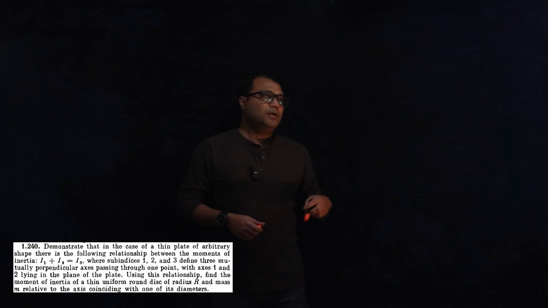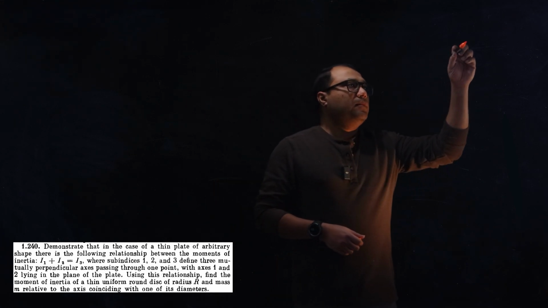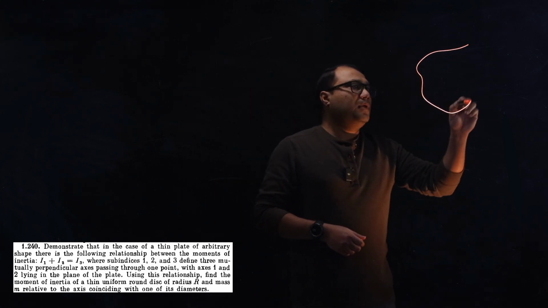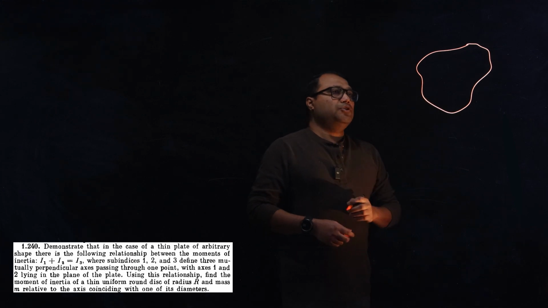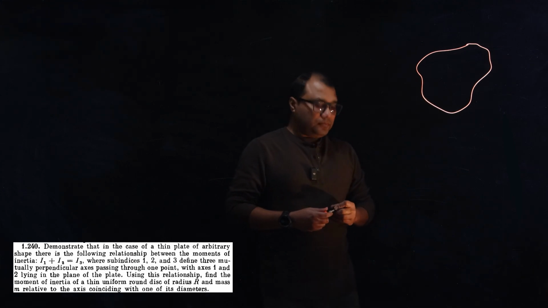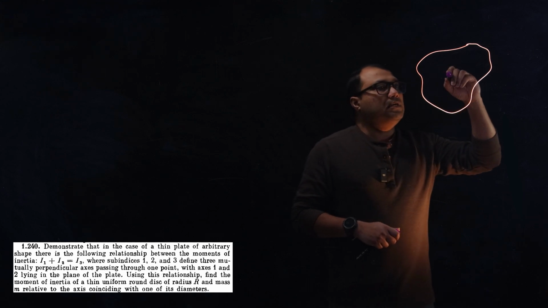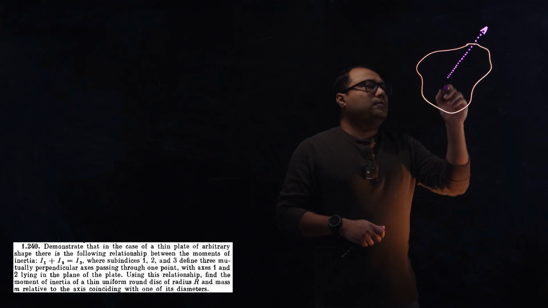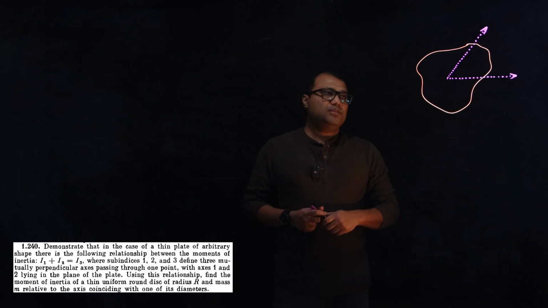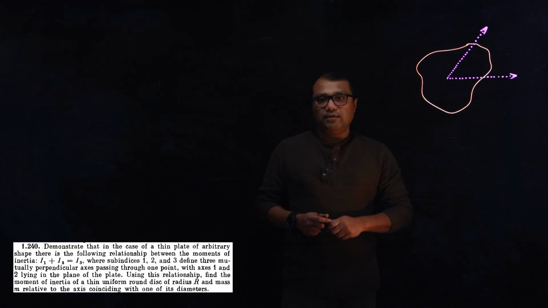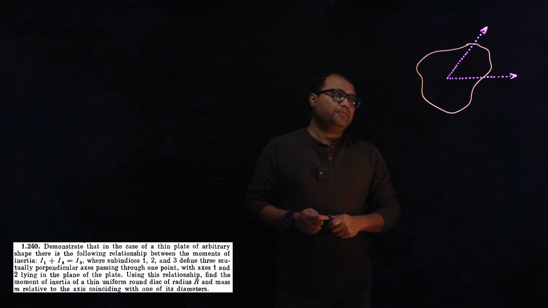So this is actually a very standard derivation. This is called the perpendicular axis theorem. So let's say we have an arbitrary shape, and let's say there are two axes. Let us say that these two axes are in the plane of the plate.